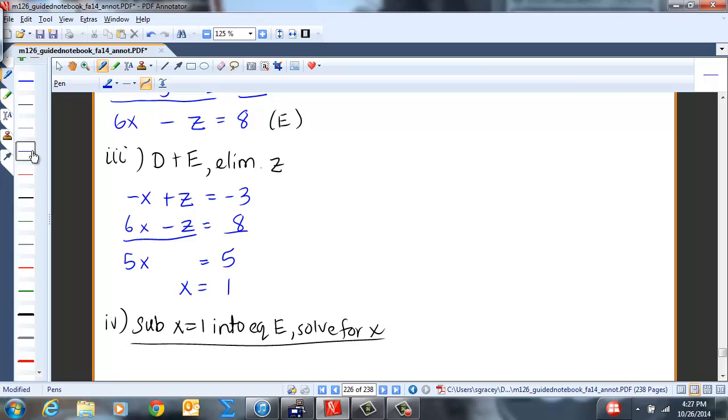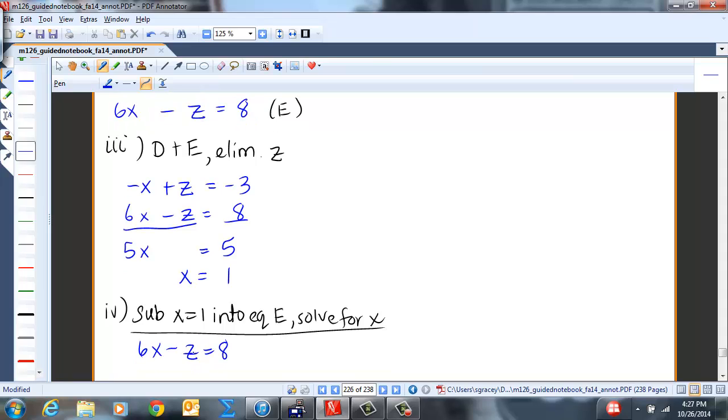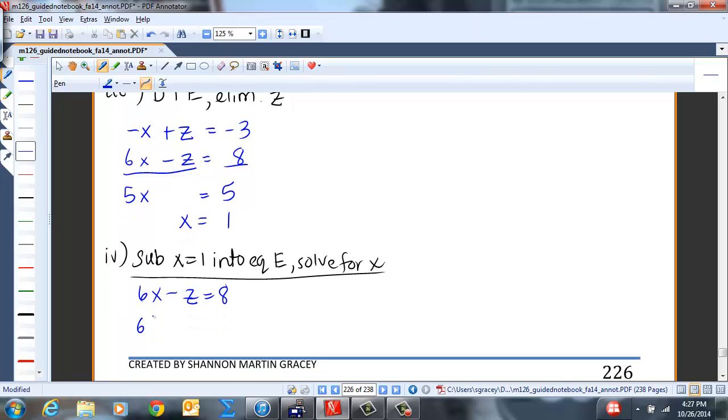So equation E was 6x minus z equals 8. Plugging in 1 for x, we'll have 6 times 1 minus z is 8. Negative z will be 2. So positive z will be negative 2. Got 2 down, now just 1 to go.